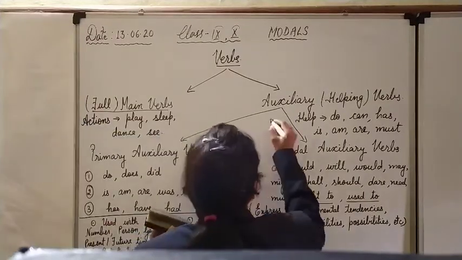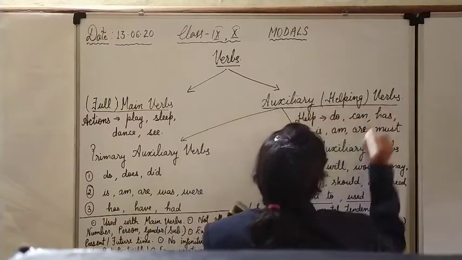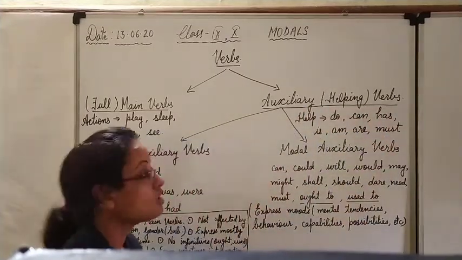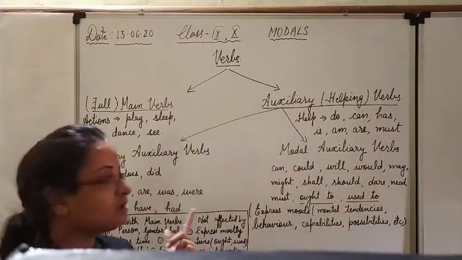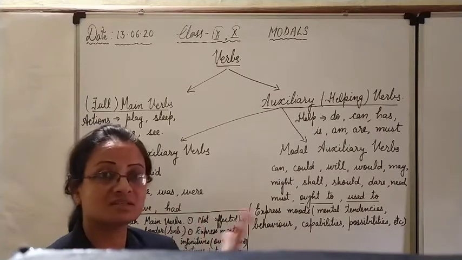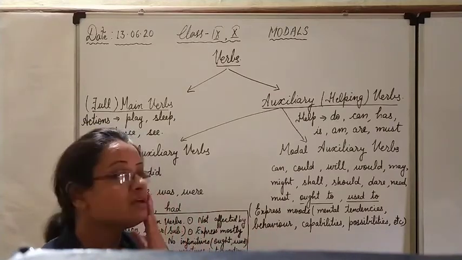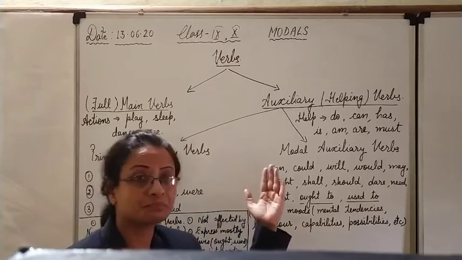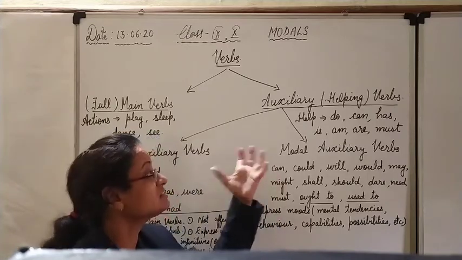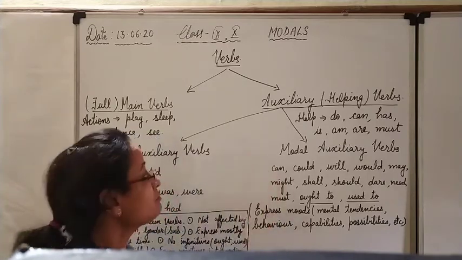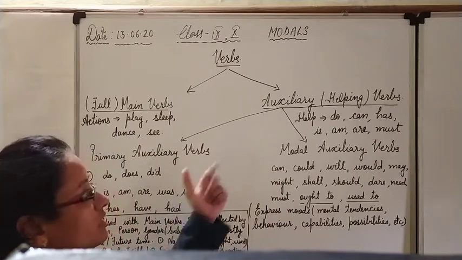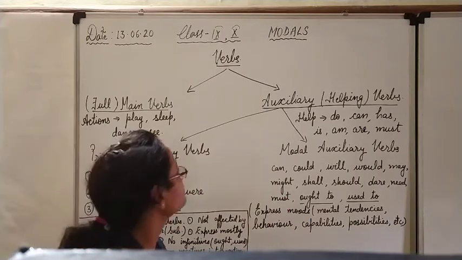And the second category is the auxiliary or the helping verbs. Auxiliary means helping. They are called helping verbs because they assist the main verbs in the sentence, to complete the sense and express the meaning completely.